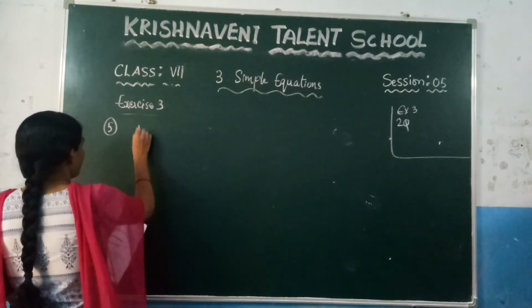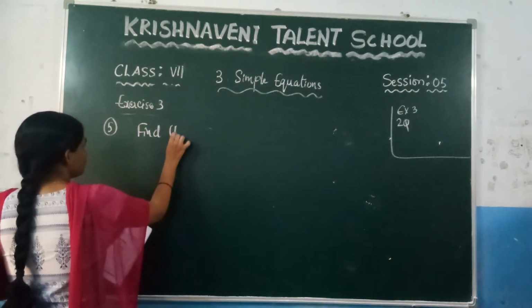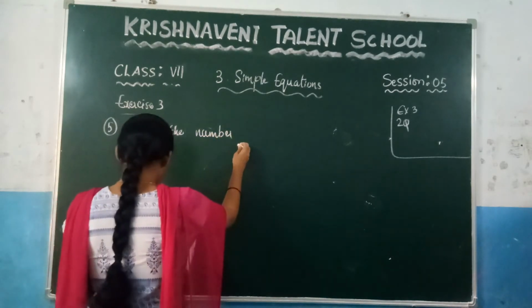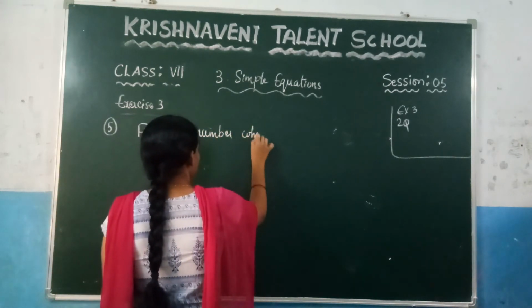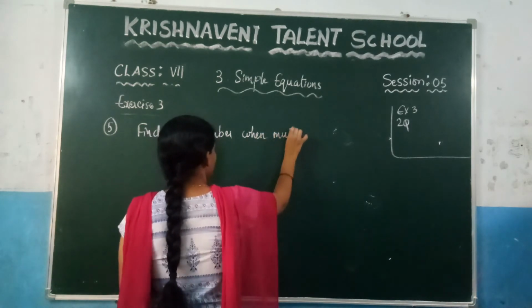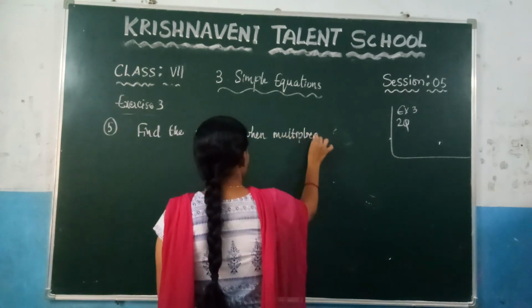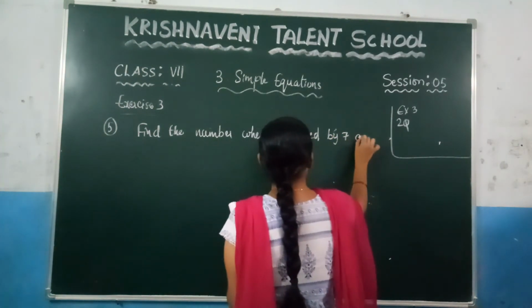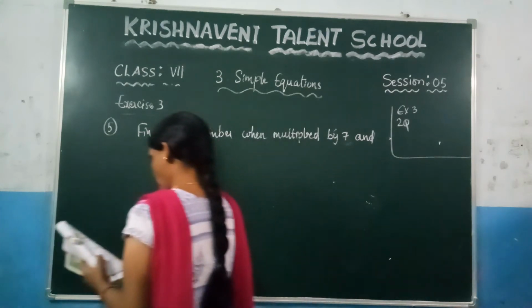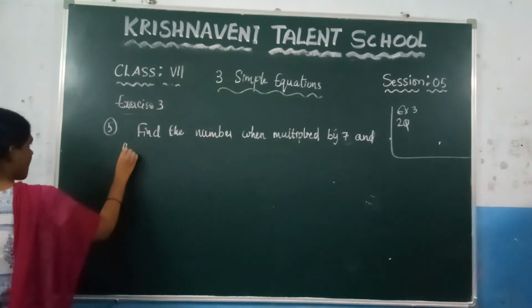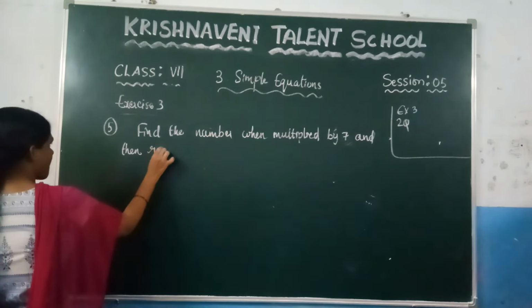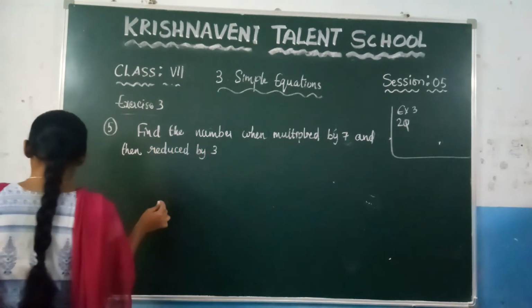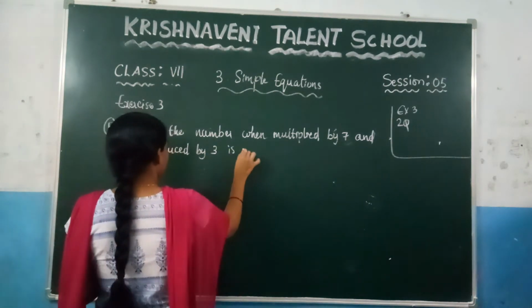The fifth question. Find the number when multiplied by 7 and then reduced by 3 is equal to 53.